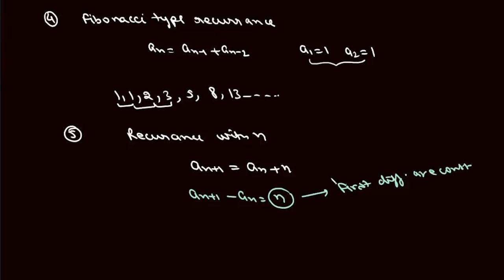So either we can solve them using this method where first differences are constant, generating the first few terms of the series and then finding a_n, or solve them using telescopic summation, where the successive terms cancel out, and here it'll become the sum of the first n natural numbers or something.